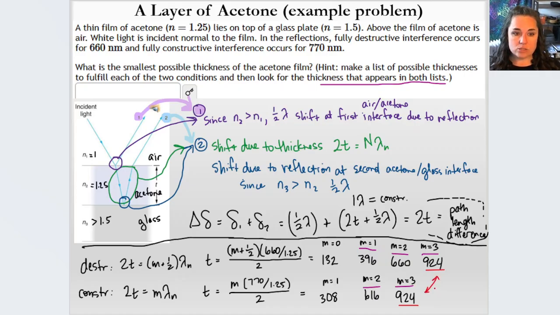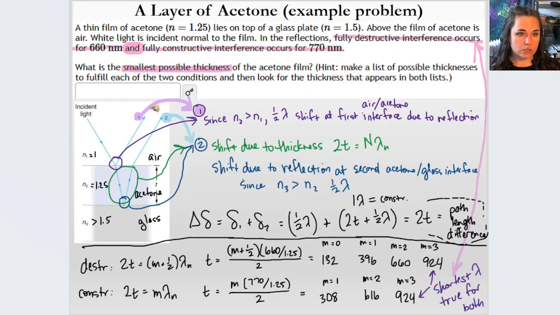So that is going to be the thickness where destructive interference happens for this one wavelength and constructive happens for the other wavelength. So that's true for both. That's going to be our answer for the problem.